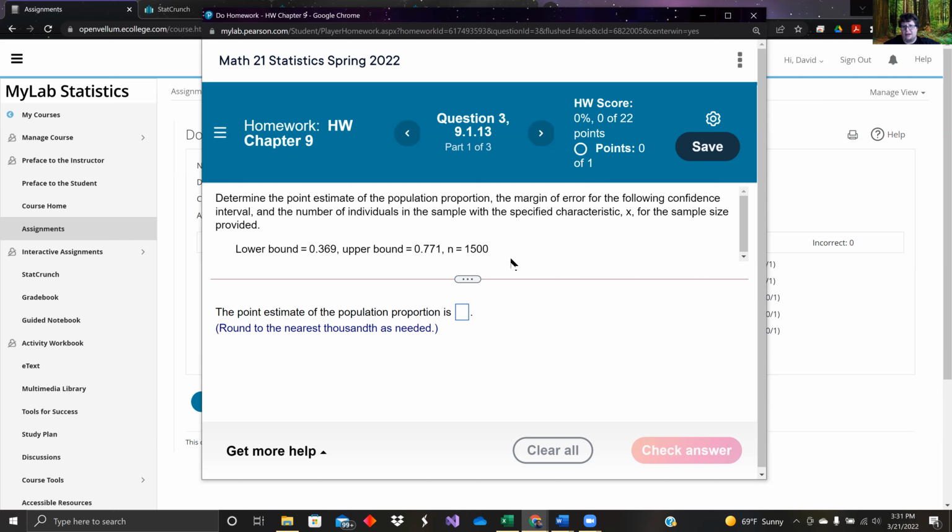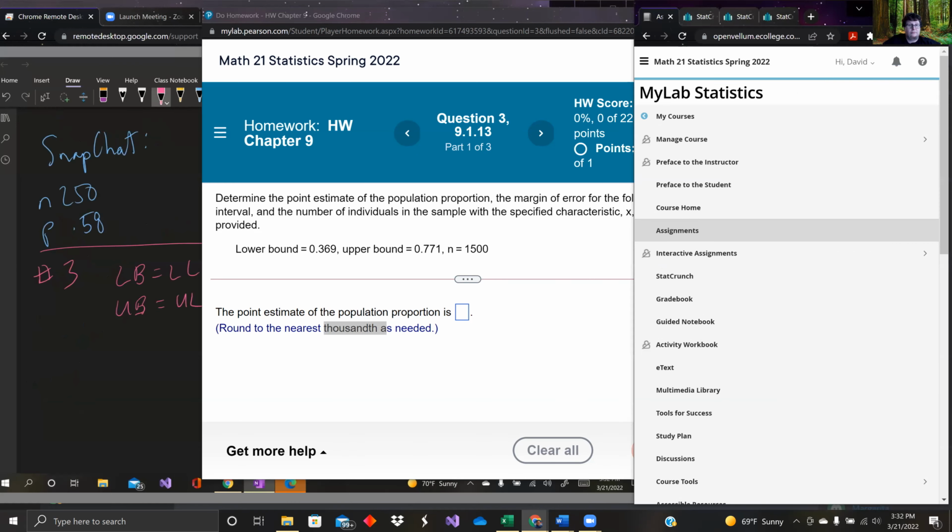And they want the margin of error. And round to the nearest thousandth. That's important. Thousandth. So I will come back over to my other window and we'll go look at that stuff.